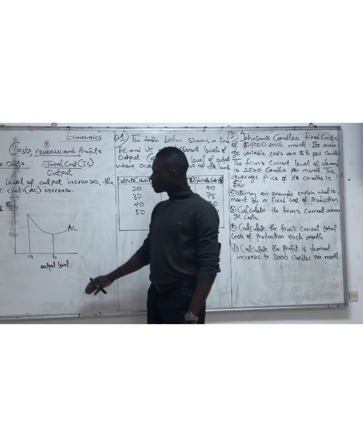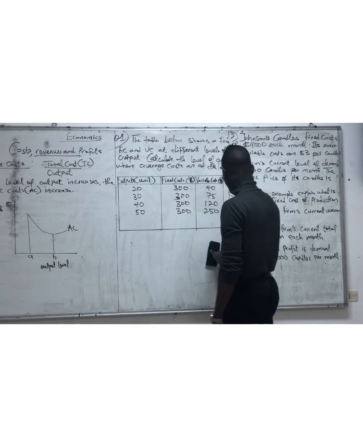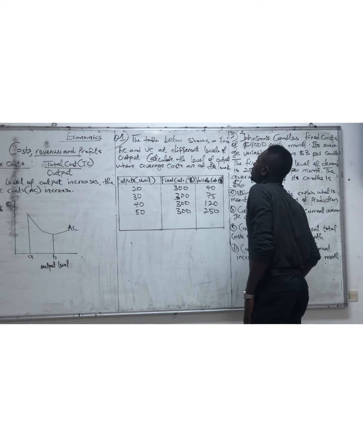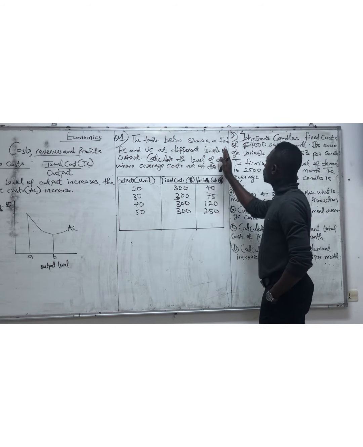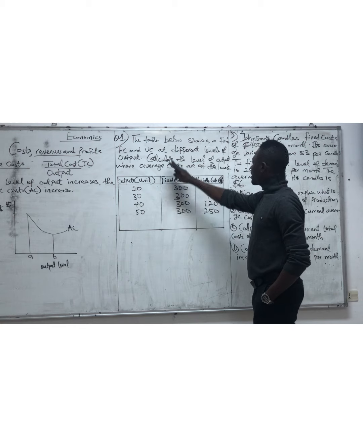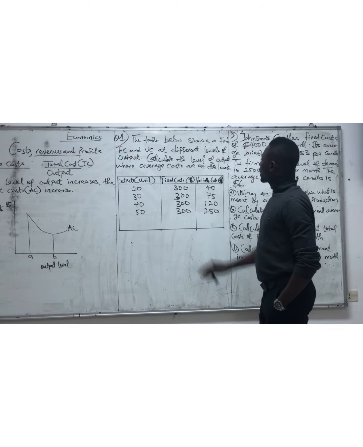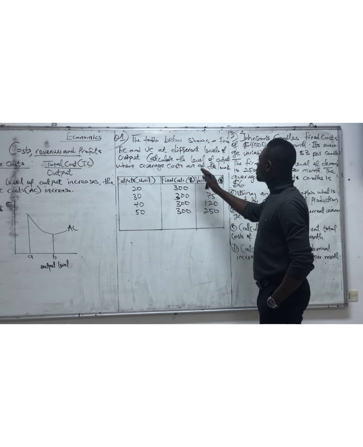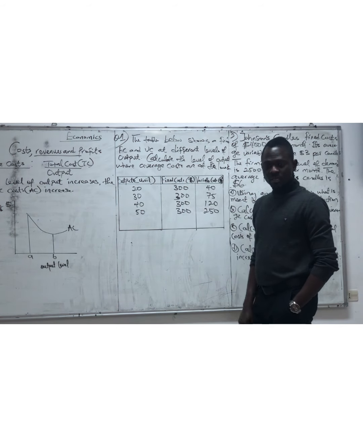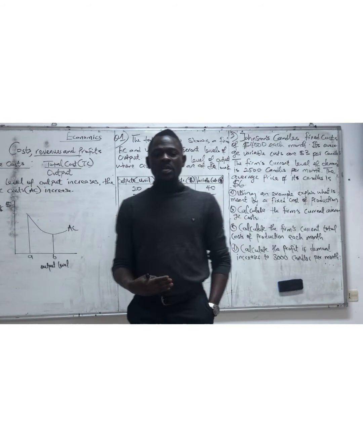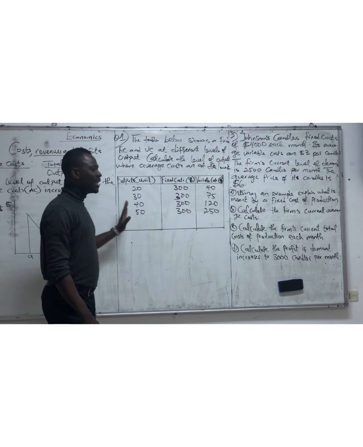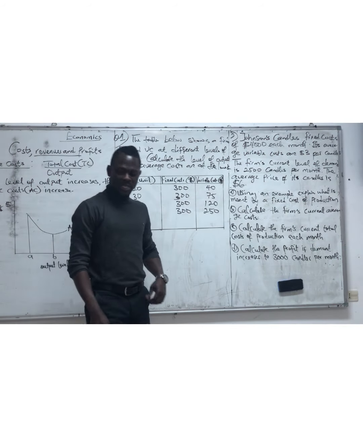Okay, so now we have a question. It's in the table below. This table shows a firm's FC and VC at different levels of output. Calculate the level of output where average costs are at the lowest. So we need to find which level of output has the lowest average cost.